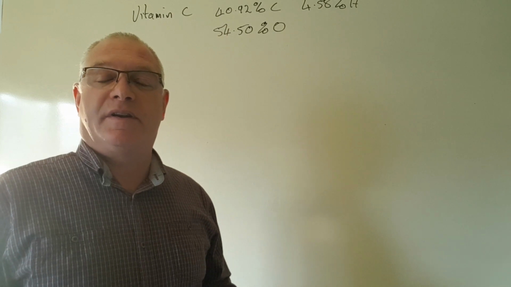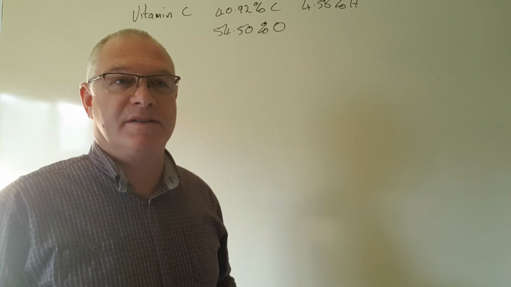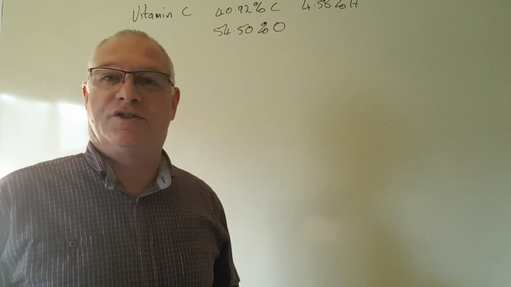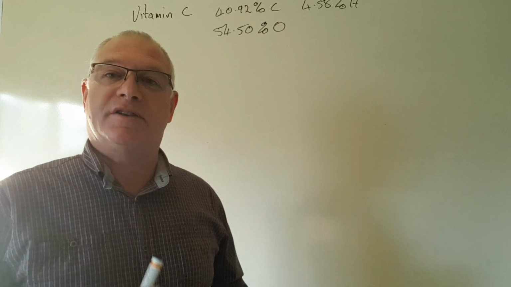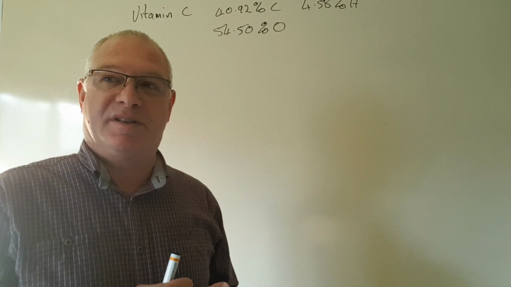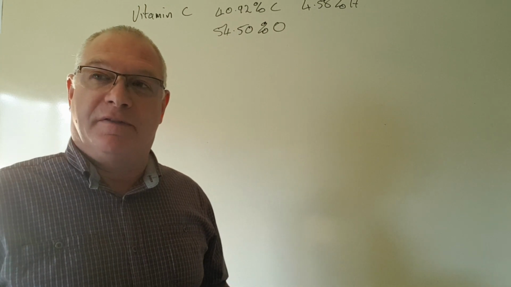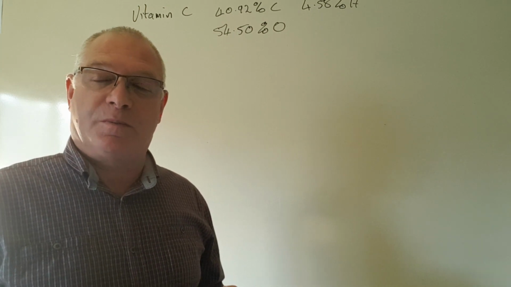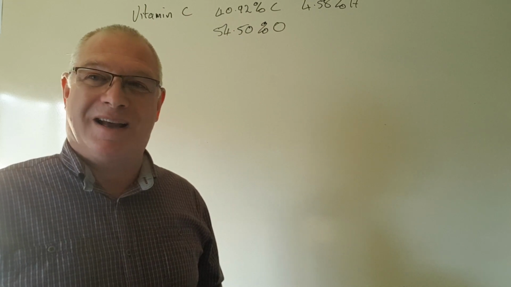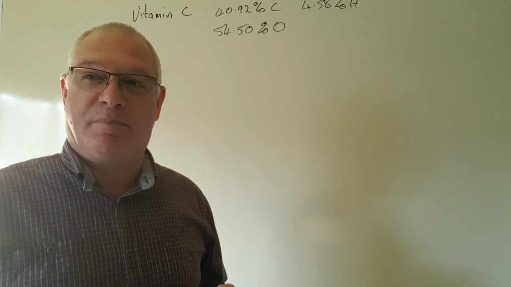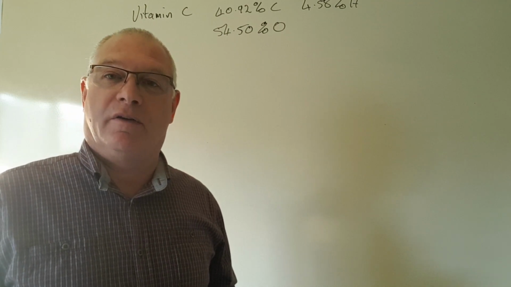So in the previous video, I worked out the empirical formula of vitamin C, given the percentage composition by mass, and we did our various different calculations. Step 1 was to divide the percentage by the atomic mass for each element, then to divide all of them by the smallest answer. Then we get the ratio of elements.